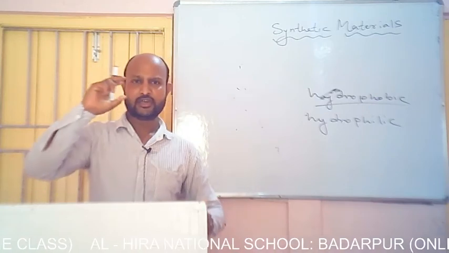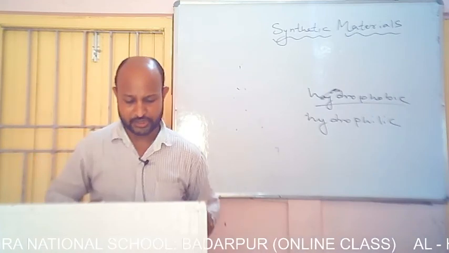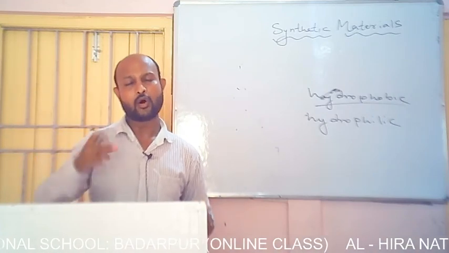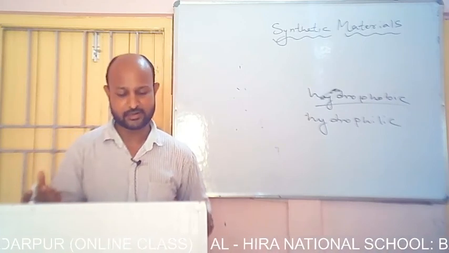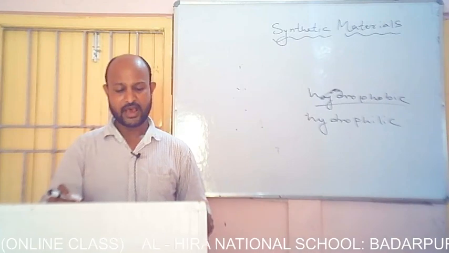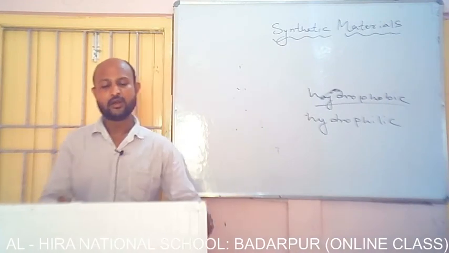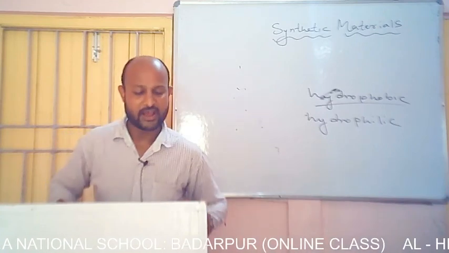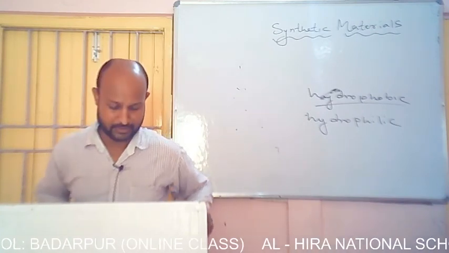Electrical conductivity means that the material allows the electric current to pass through it. Synthetic polymers are always insulators. That means they are bad conductors of electricity, and it is for this general behavior that plastics are always used for insulating electric wires and many other electrical equipments.